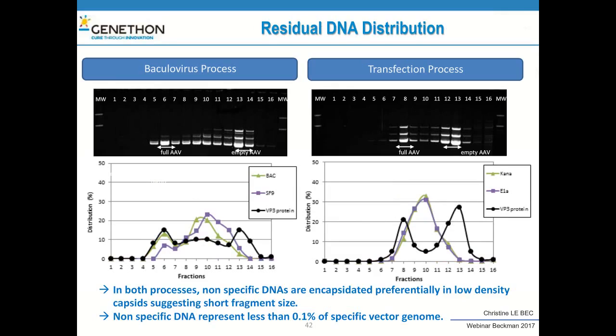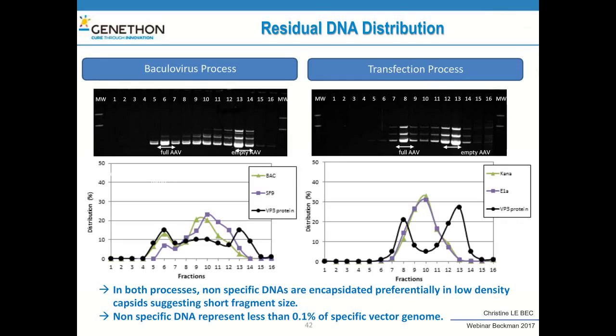We also look for all the contaminants coming from the process, in green from the baculo and the plasmid contents, and in purple for the cellular DNA.